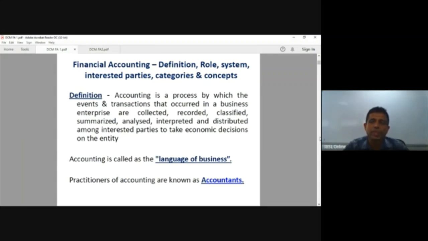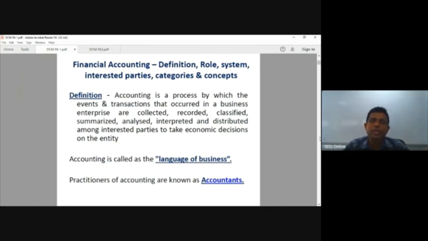Now, if we take a simple example in your bank, when a customer makes a deposit over the counter, he comes and deposits the money. Then your teller takes the money and the deposit slip, counts it and puts the entry in the core banking system. Then someone verifies that. That is how the transaction is collected, right? Then it is recorded.